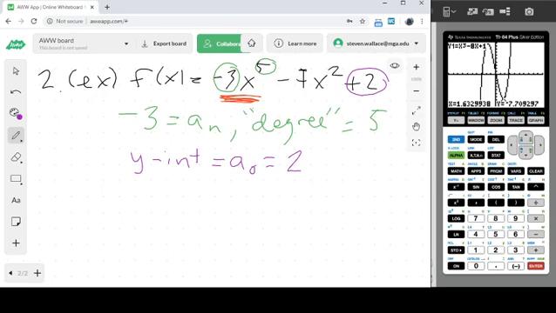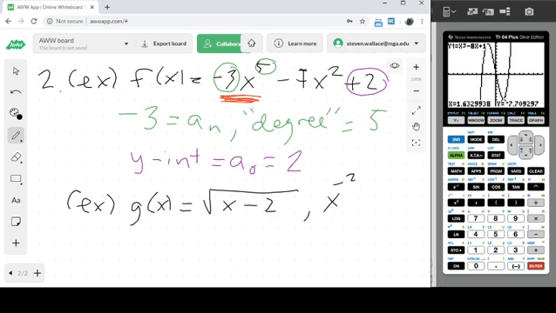There are other examples of polynomial functions, okay? Pretty much if you are trying to figure out if something is a polynomial, you look for the powers of x. Are they whole numbers and not negative? So this is not a polynomial, right? Square root of x minus 2. Or this is not a polynomial, x to the negative 2/3. Okay, neither of those are polynomials.